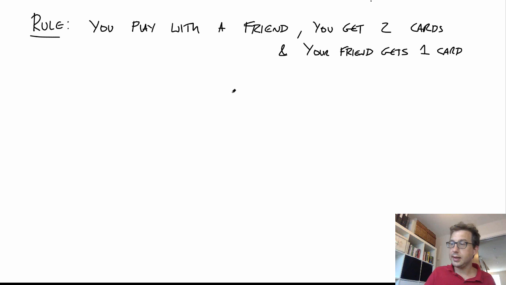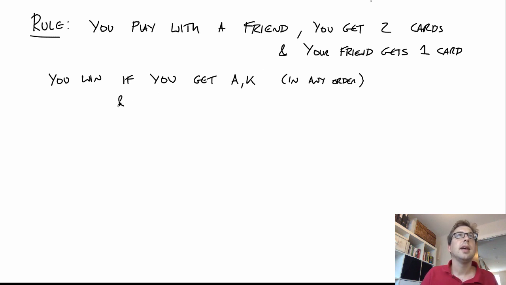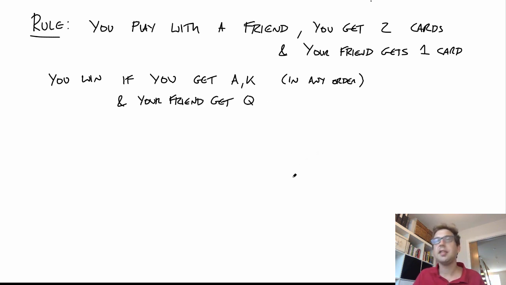The pair of you win, you and your friend, if you, meaning just you on your own, get an ace and a king in any order. So your hand contains an ace and a king, and your friend gets a queen. Okay, so the same as before.